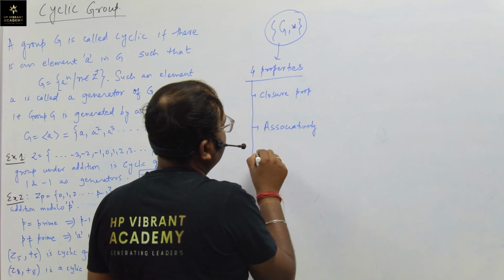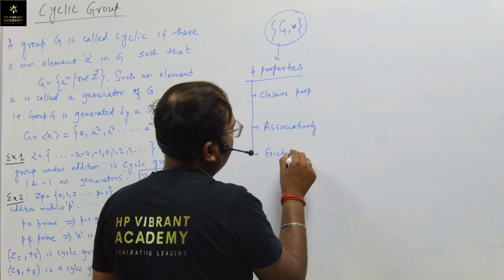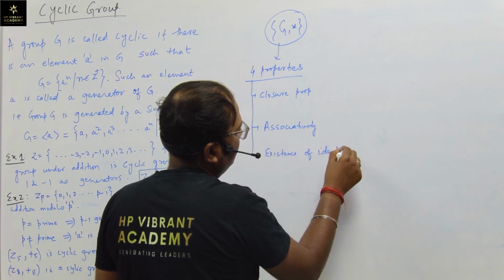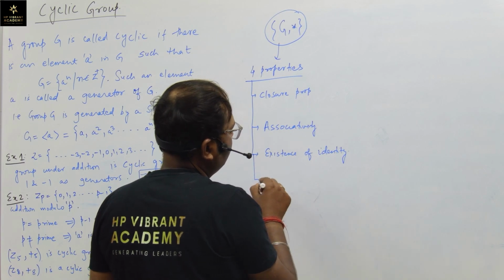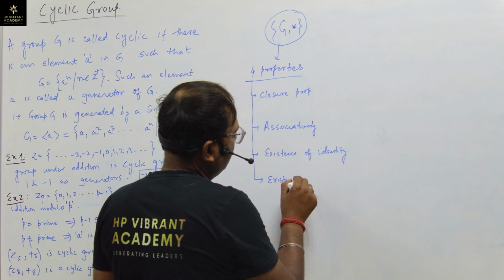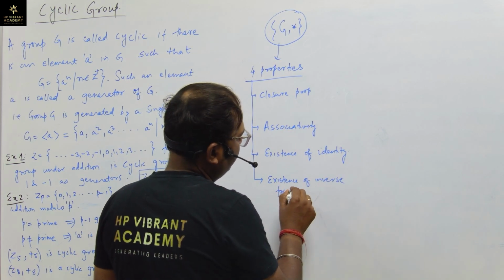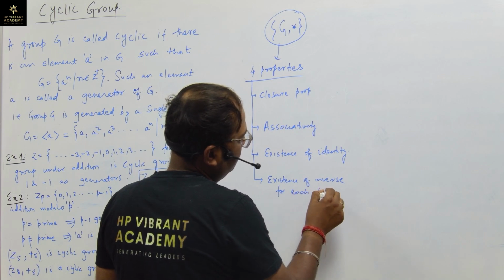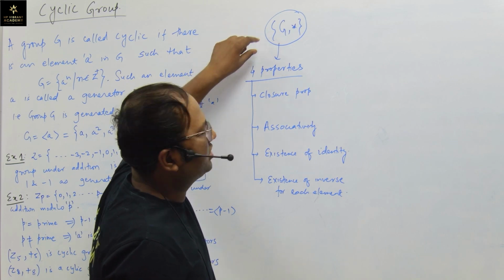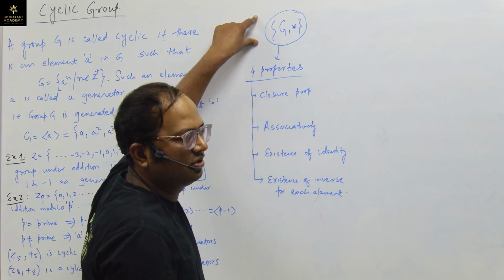The third one is existence of identity. The fourth one is existence of inverse for each element. When this algebraic structure satisfies all four properties, then we call it a group.